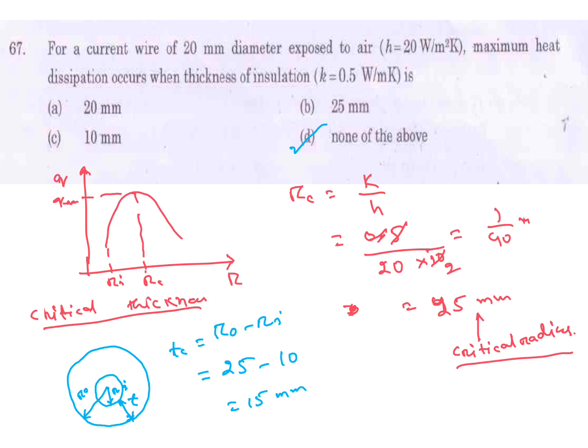D is our answer, but in ISRO official answer given as B. But it is critical radius. Sometimes they are giving wrong answers also. The same type of question was asked again, but that time they corrected it. In the ISRO official answer, B was the answer, but answer is coming as D.